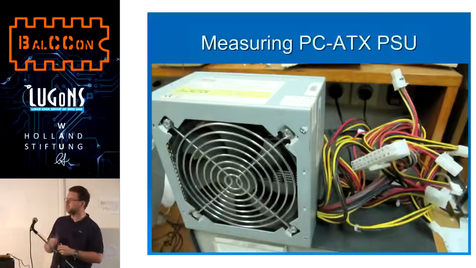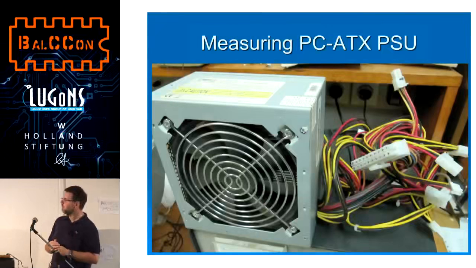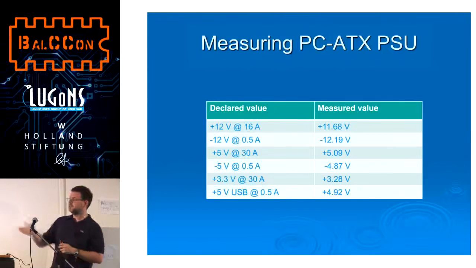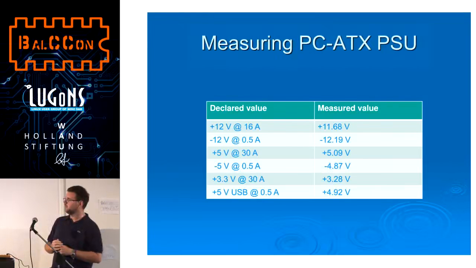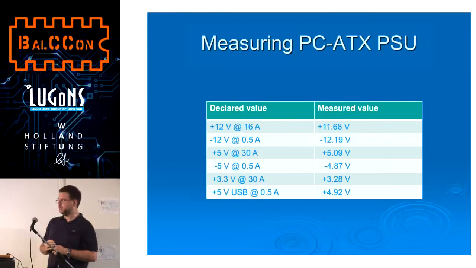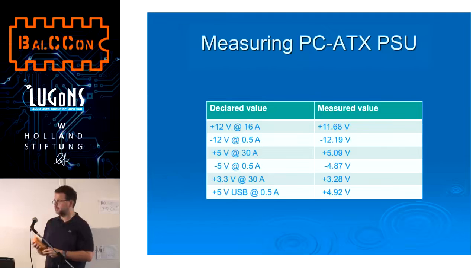Next, something you may know is a classic PSU, power supply unit, for your computer. I measured some DC voltages, and on the left are the declared voltages, and on the right what's measured with this multimeter.